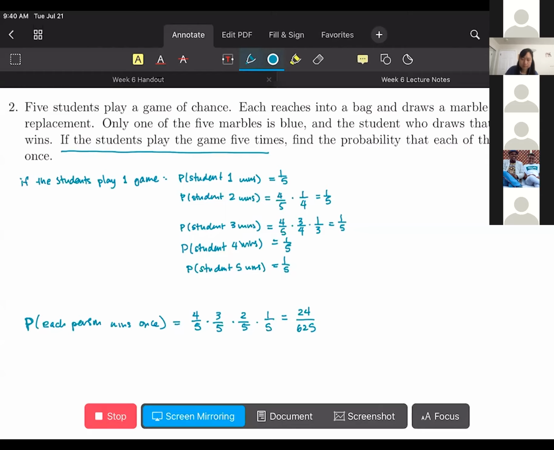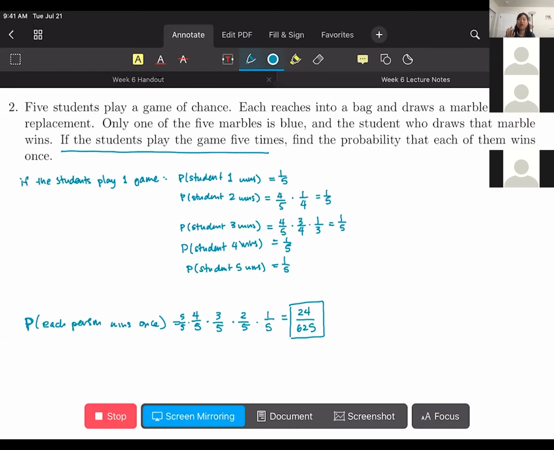But if the game is played 5 times, why isn't there also a 5 out of 5? Yeah, you could do 5 out of 5. That's basically 1. The 5 out of 5 is sort of saying, what's the probability that someone who has never won before wins?